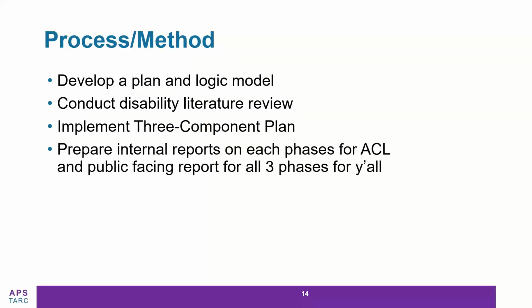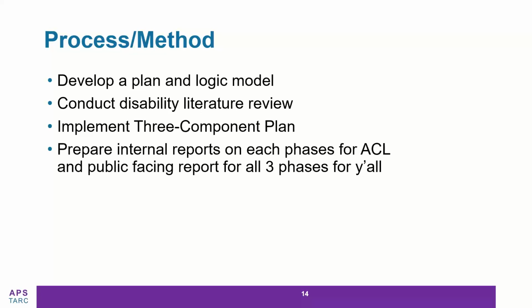Our process had several steps. Our first step in implementing the evaluation was to build an evaluation design, identify our research questions, and identify the sources of data that we would need to collect in order to answer those questions. We built a logic model, which has served as a really important framework and a foundation to many pieces of our evaluation work, as well as several other projects that ACL is working on.